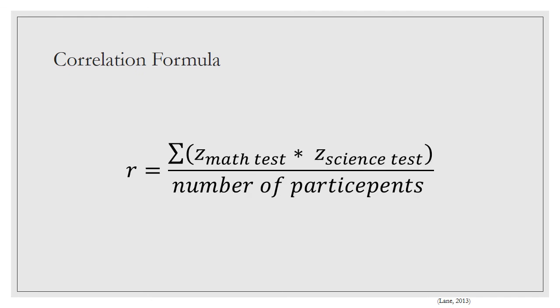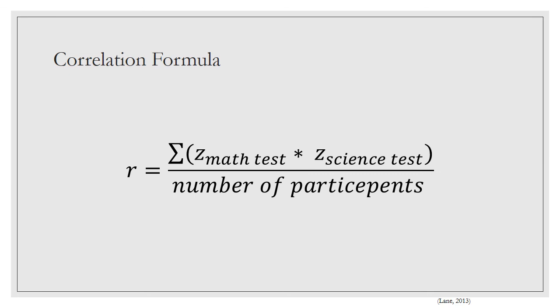So for example, with our math and science tests, everybody took a math test and everybody took a science test. We have 10 people. For each person, I take their standardized scores. I've got person 1's standardized score for the math test and person 1's standardized score for their science test. I multiply those two together.